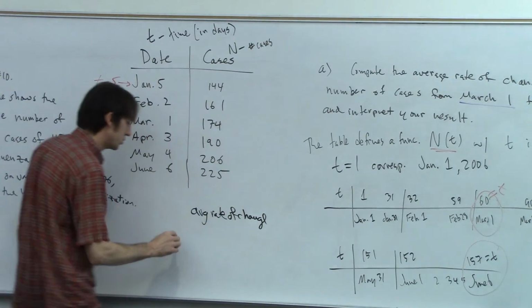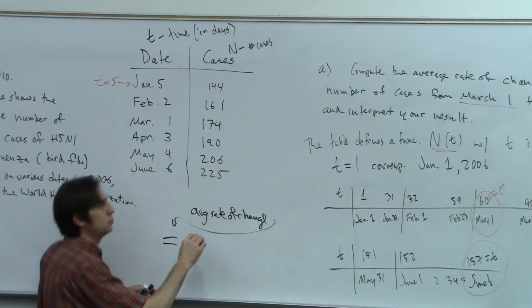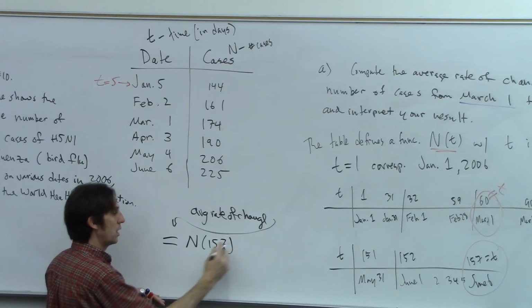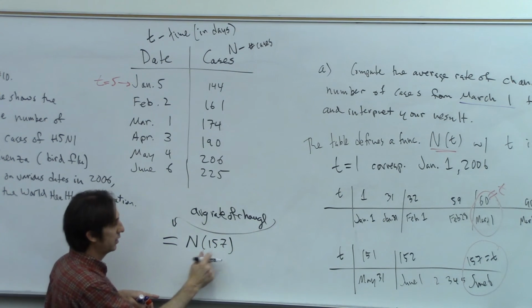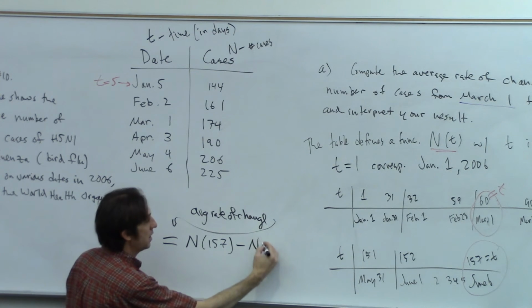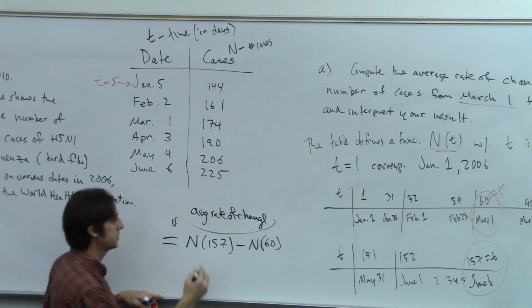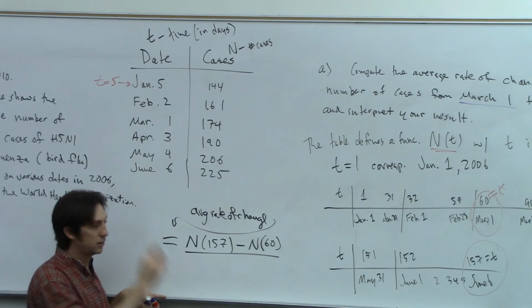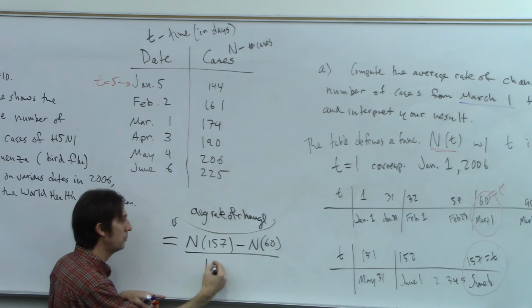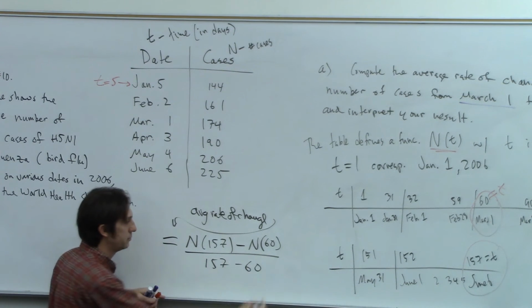All right, with that in mind, the average rate of change that I'm looking for here is a difference quotient. It's going to be capital N of 157, the number of cases on June 6th, minus N of 60, which is the number of cases on March 1st, divided by the change in time, the change in the independent variable, and so that's 157 minus 60.